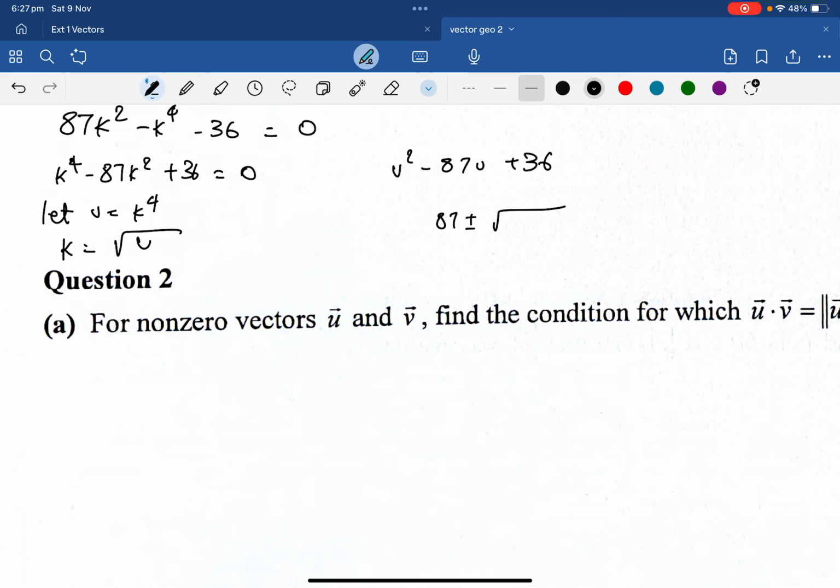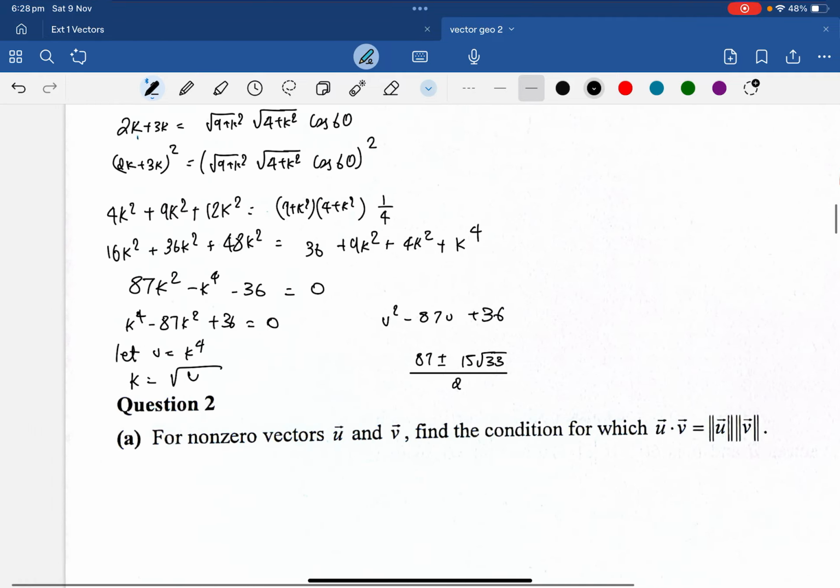So what's 87 squared? So you don't need to write all this. You can just write 15 root 33 over 2a, which is just 2.